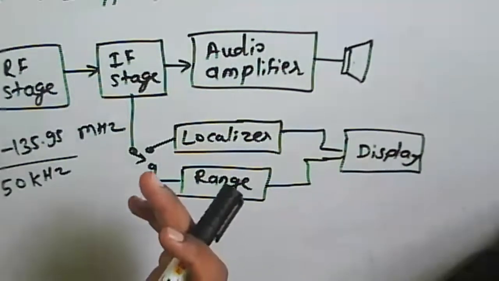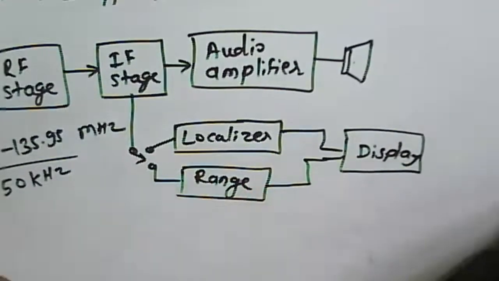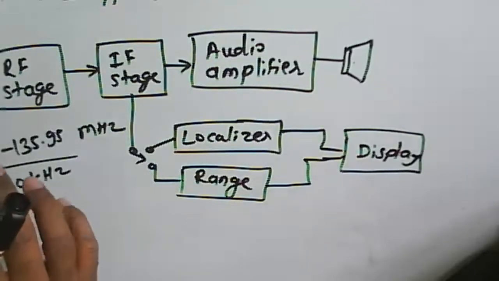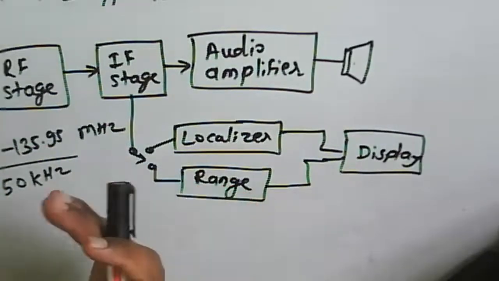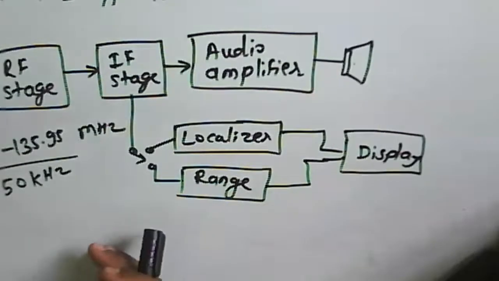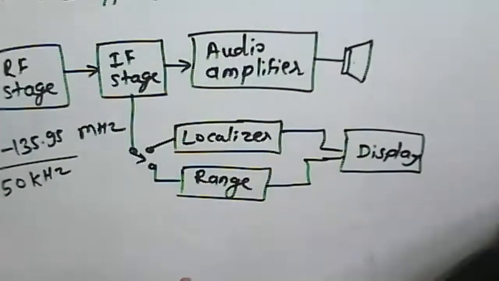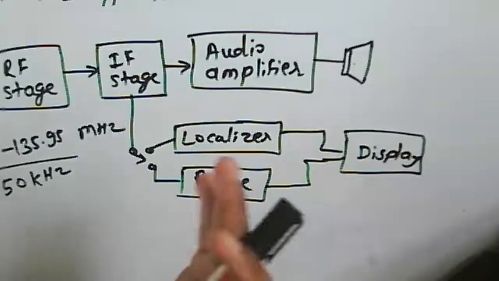Direction can be obtained by comparing the phase of this variable signal, and then we can find out the rotating field with this reference signal. To obtain the rotating field, we need to observe the voltage of the given signal.